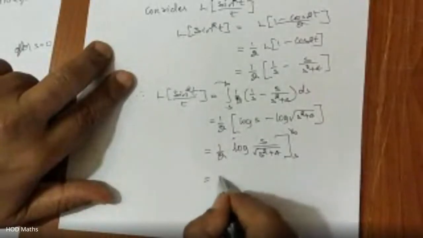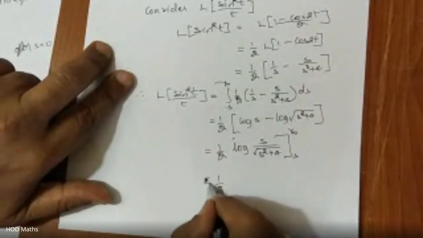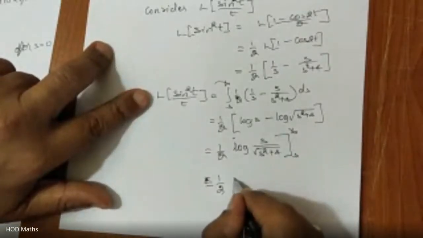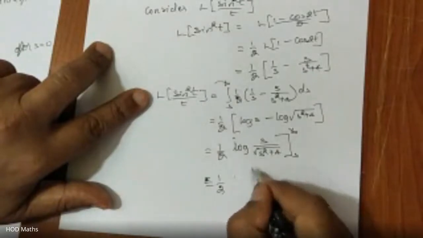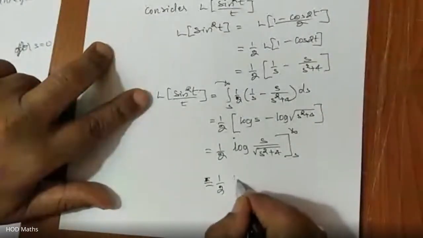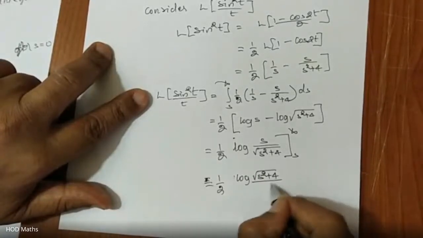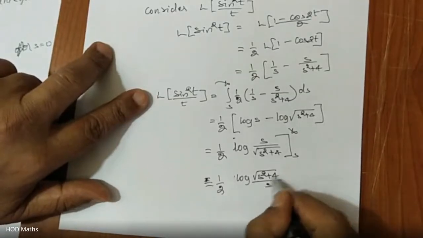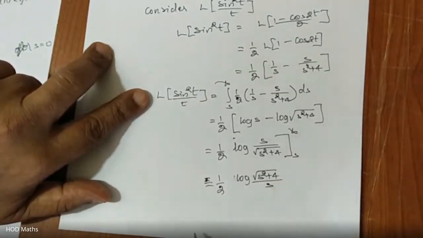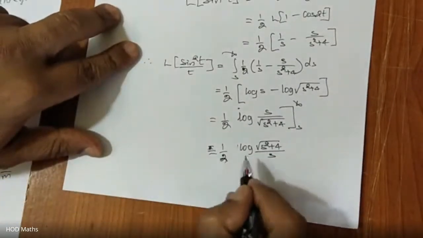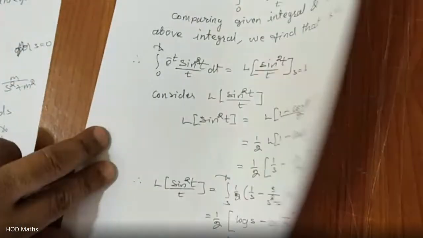This will be 1 by 2 times log of under root s squared plus 4 divided by s. This we have already evaluated, since we have used this formula already.